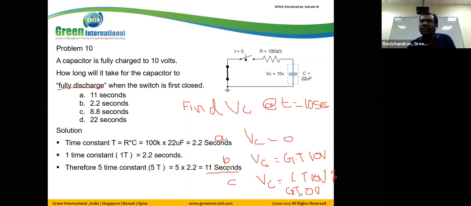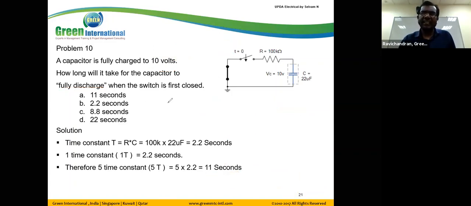How much? A value between 0 and 10 volts. So there is some voltage present in the capacitor, which is less than 10 volts.